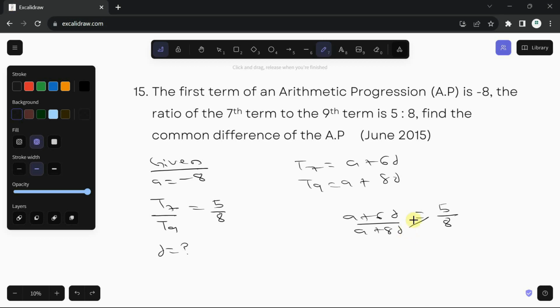If I cross multiply, that will be 8 multiplied by (A plus 6D) is equal to 5 times (A plus 8D). If I expand the brackets, this will be 8 times A, which is 8A, 8 times 6D, which is plus 48D, 5 times A, which is 5A, 5 times 8D, which is 40D.